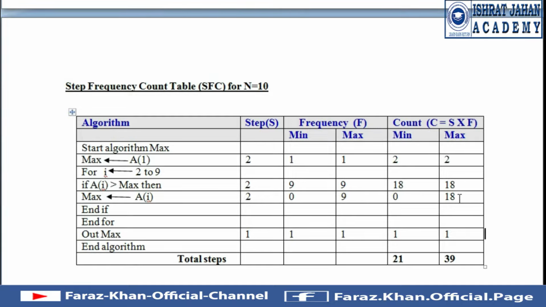And in maximum, 2 plus 18 plus 18 plus 1 is 39. This means that finding the largest element of an array of size n equal to 10 will take 21 steps in minimum and 39 steps in maximum, right? Now let's do the same problem for n equal to 100.